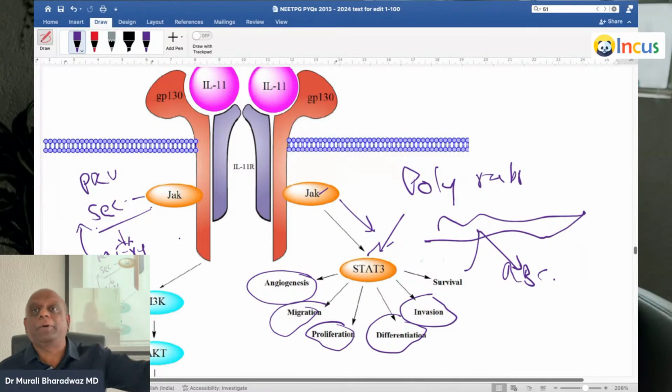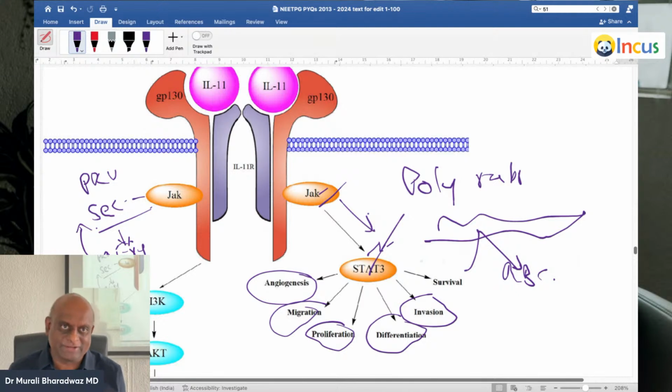Without any hypoxia, because of the JAK-STAT mutation, if the bone marrow is overproducing the erythroid precursors, then we call it polycythemia rubra vera. There the erythropoietin gets suppressed because high hemoglobin will suppress the erythropoietin. So low erythropoietin with polycythemia is equal to rubra vera.